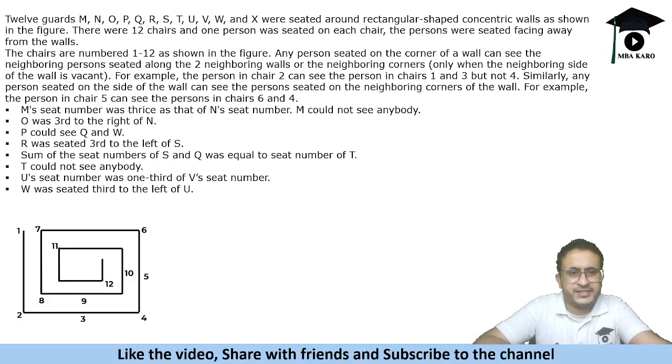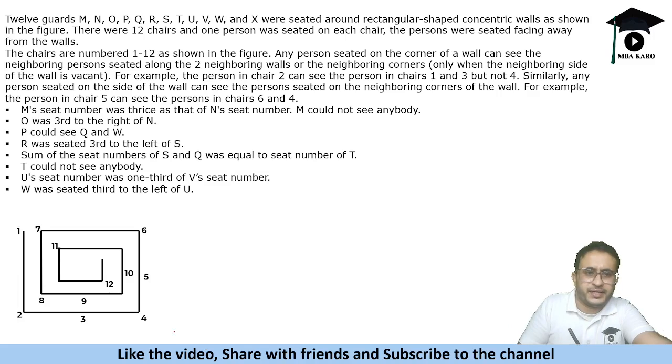It says that these are 12 chairs, and a person seated on the corner can see the neighboring persons seated along the two neighboring walls or the neighboring corners. For example, the person in chair 2 can see chairs 1 and 3. The person is sitting at the corner, he can see this person, can see this person, but cannot see this person because this person will create a block for him.